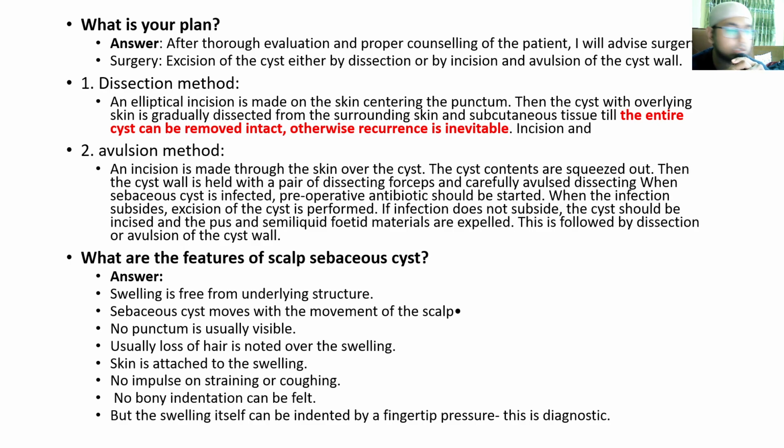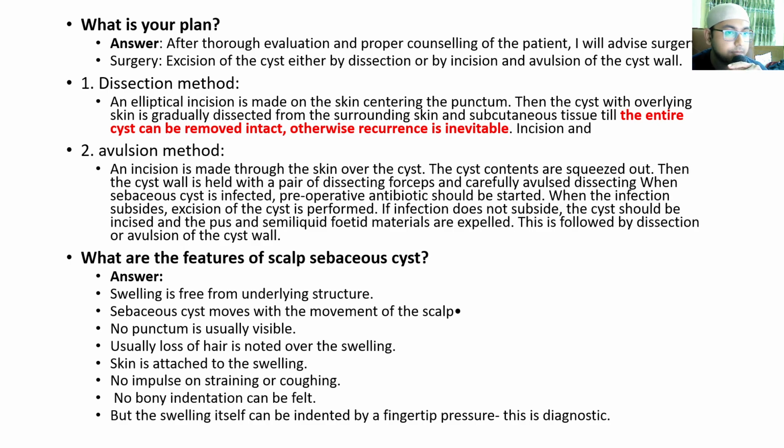This method is not routinely used, but it is used when the dissection method has failed, because a sebaceous cyst sometimes becomes infected, like in a patient with diabetes, who is very prone to infected sebaceous cysts on the back or other regions.